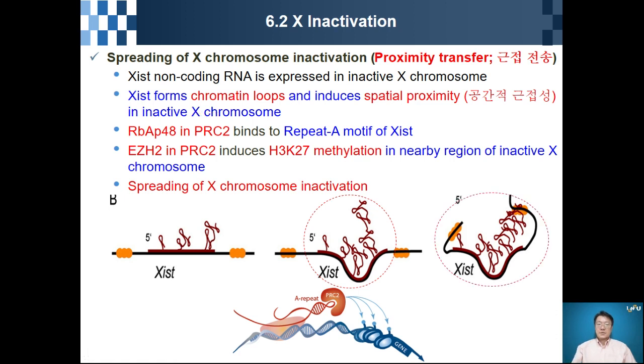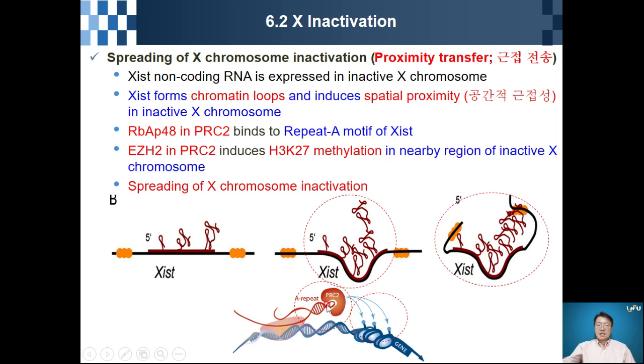Okay, so after that, PRC2, especially RBAP48 in PRC2, binds to the repeat A motif of cis, and also PRC2, especially the EZH2 protein, induces H3K27 methylation in the nearby region of the inactive X chromosome.